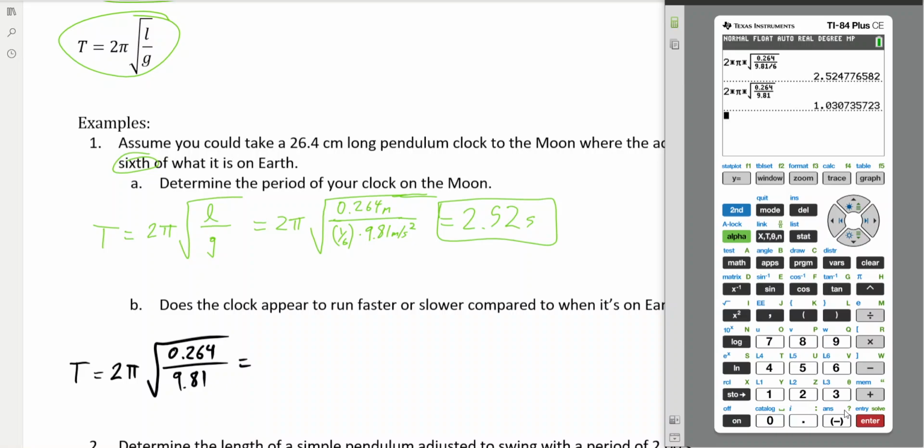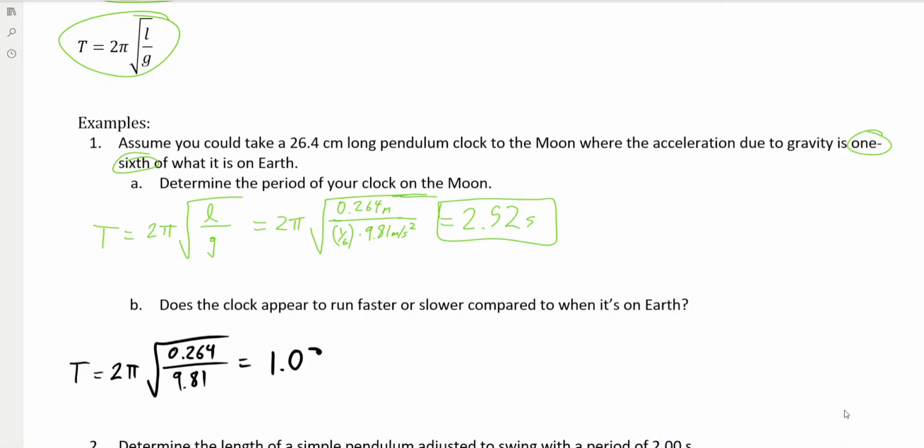Then it says 1.03. So the period is a smaller period on Earth. So what does that actually mean? Well, it means that on the moon, every cycle takes more time.